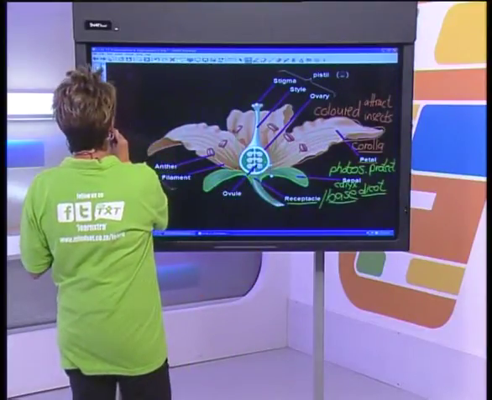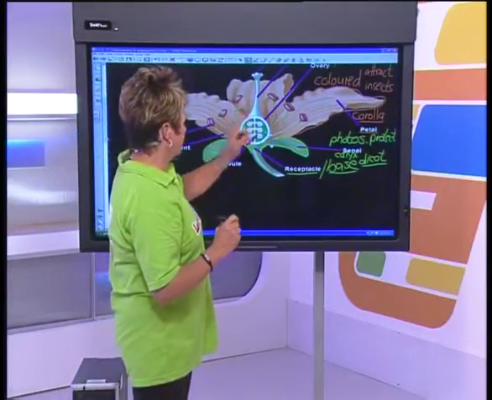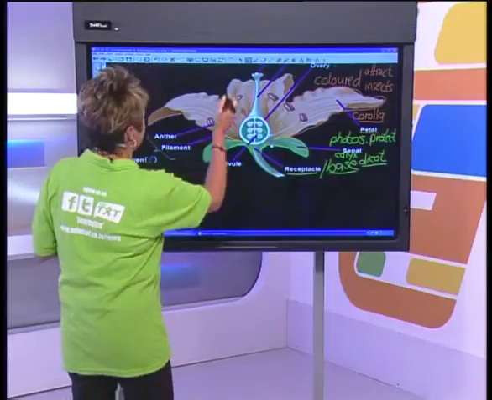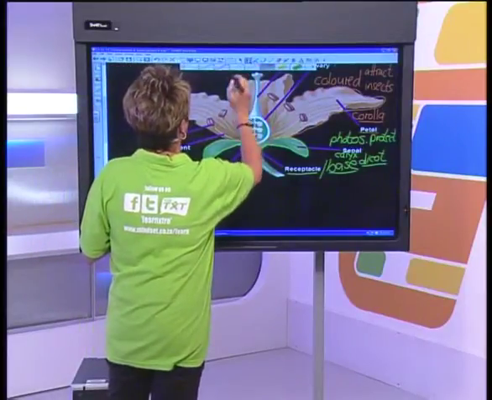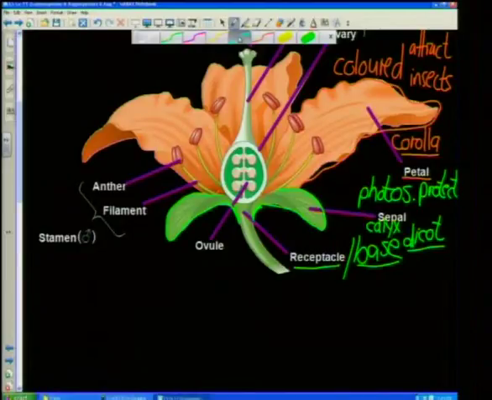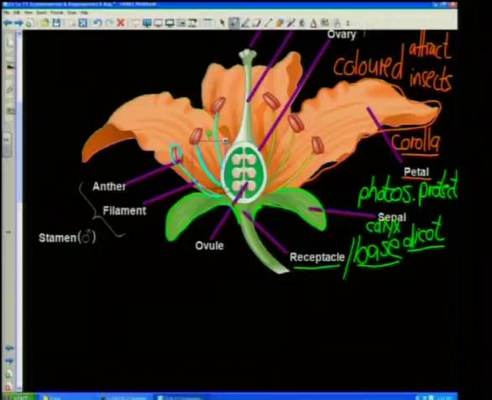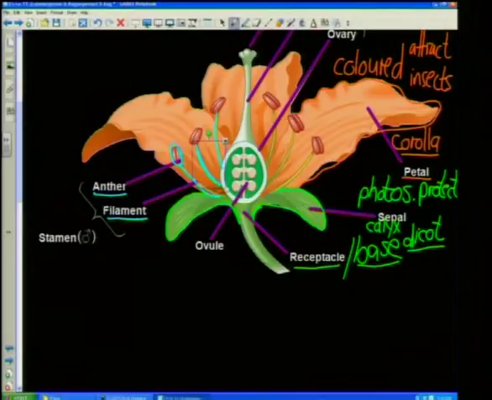Okay, we're getting now to the male and female reproductive organs inside the flower. Let's start with the male reproductive organs. The male reproductive organs are these little things there. It's a filament, there's another filament, and at the tip of each filament is an anther. So an anther and a filament, collectively known as a stamen, male.